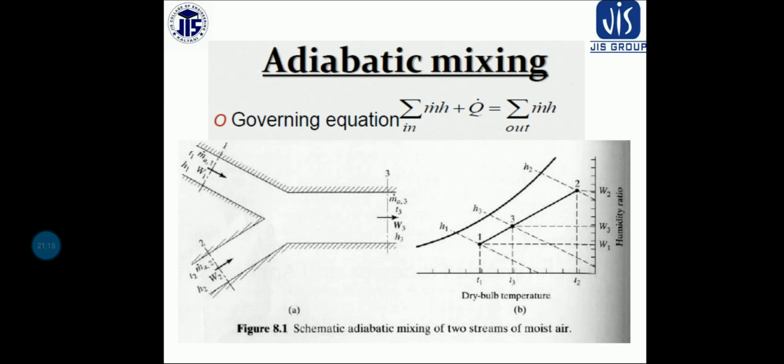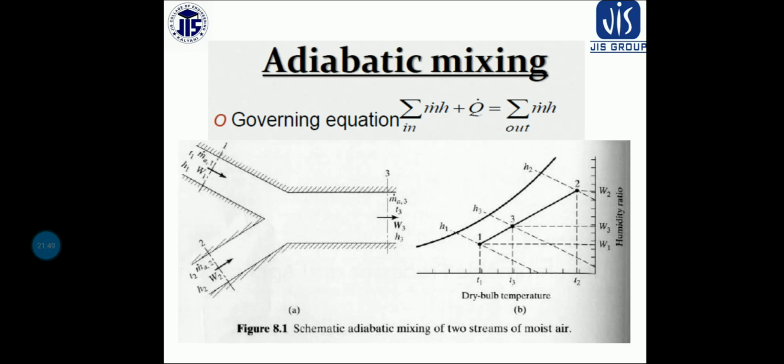When it enters this pipe, the two types of air particles mix together, and as a result we get m_a3, T3, W3, H3. These are the mass, temperature, specific humidity and enthalpy of the air after mixing.